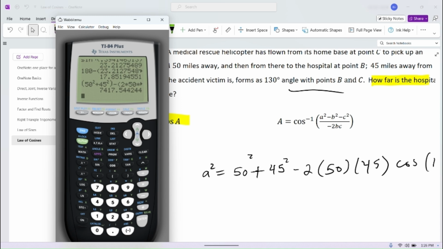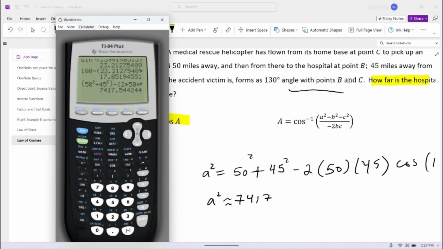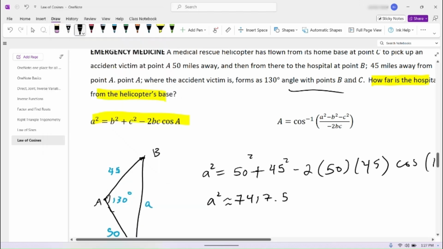We get that a squared is approximately 7417.54.